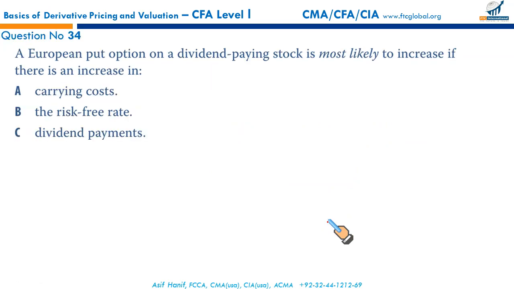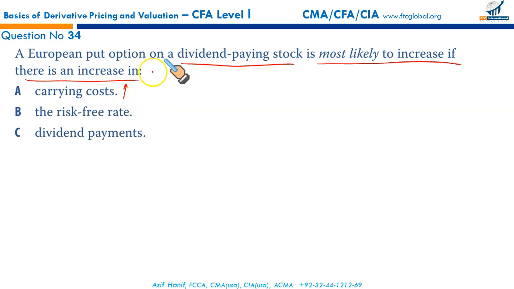Moving on. A European put option on a dividend paying stock is most likely to increase if there is an increase in which of these? Carrying cost, risk-free rate, or dividend payments. If the carrying cost increases, it will reduce the value of the put option. So this is incorrect.